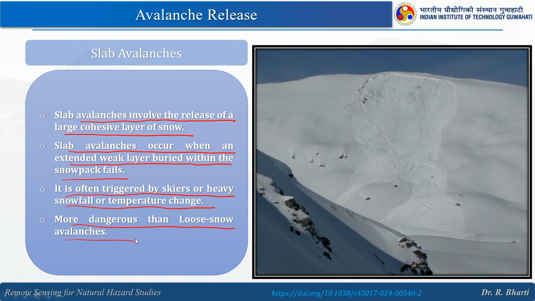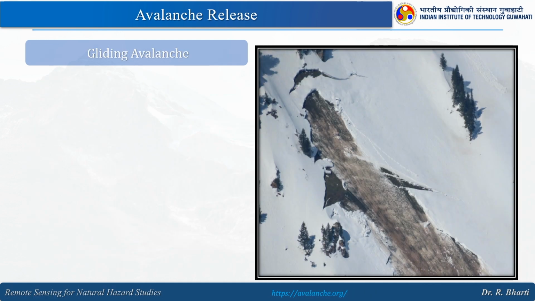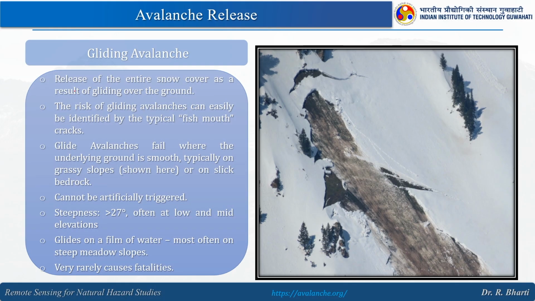This is what we discussed in the previous few slides. Then we have the gliding avalanche, the release of the entire snow cover as a result of gliding over the ground. The risk of a gliding avalanche can easily be identified by the typical fish mouth cracks. These are the fish mouth cracks.